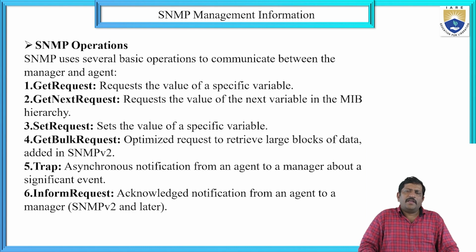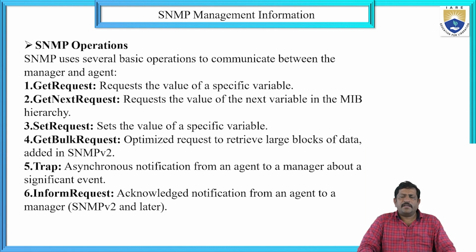At the application layer level in the OSI reference model, these are the protocol operations which perform the different functions for communicating between the two devices. The devices are a manager and an agent device.